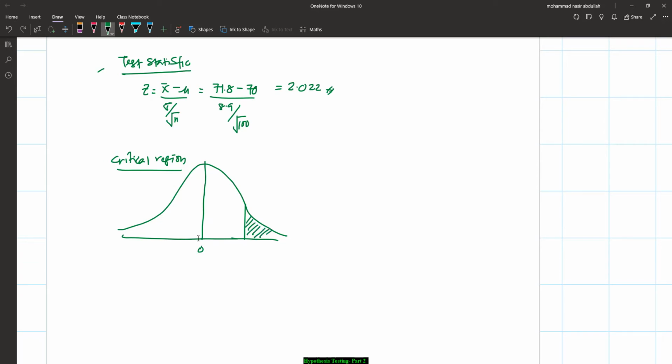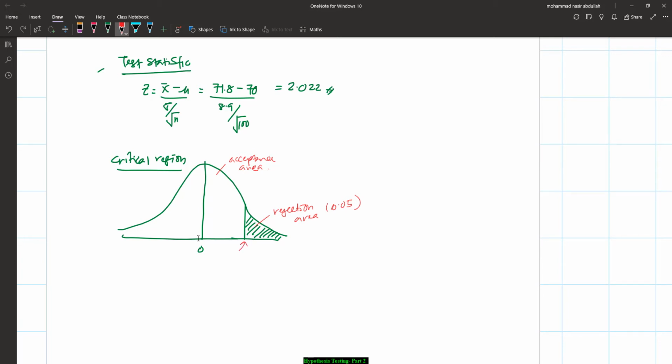So this is a rejection area, this is acceptance area, right? So rejection area covers 0.05 probability of rejection area.